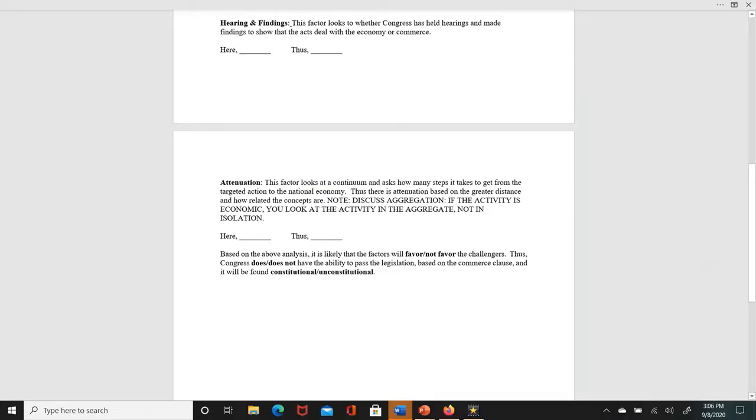Is there a direct relationship between the targeted activity and the economy? When you're doing your attenuation analysis, please remember to do aggregation. I've seen that missed in some of the answers. You can look at activity in the aggregate, assuming that it is economic activity. If it's not economic activity, get your points by saying, I can't aggregate here because the activity is not economic.